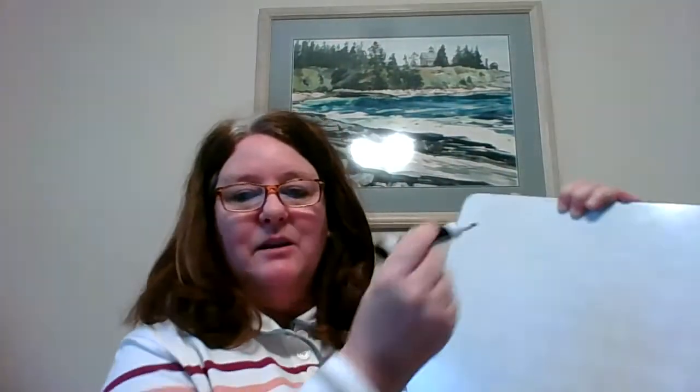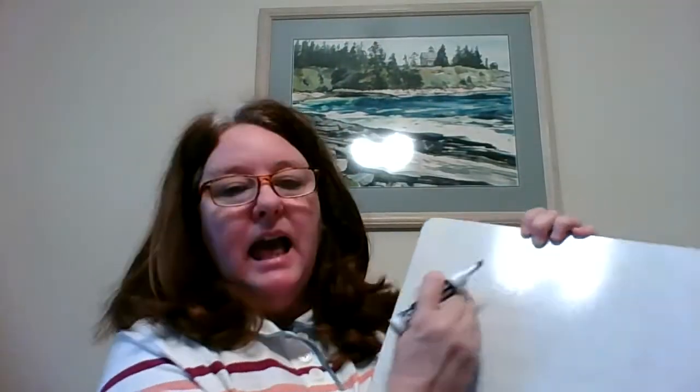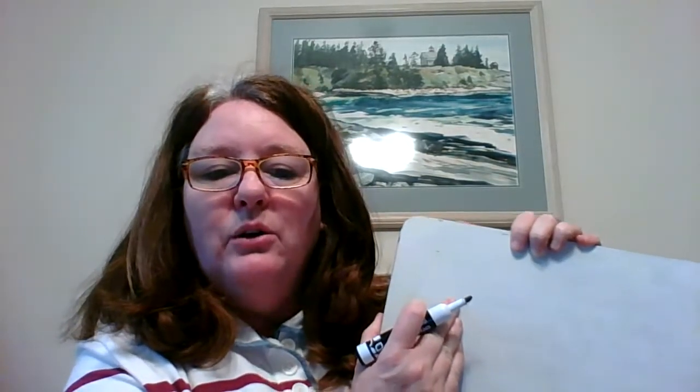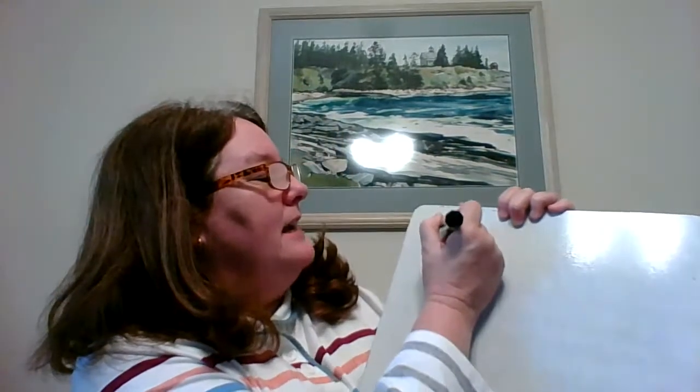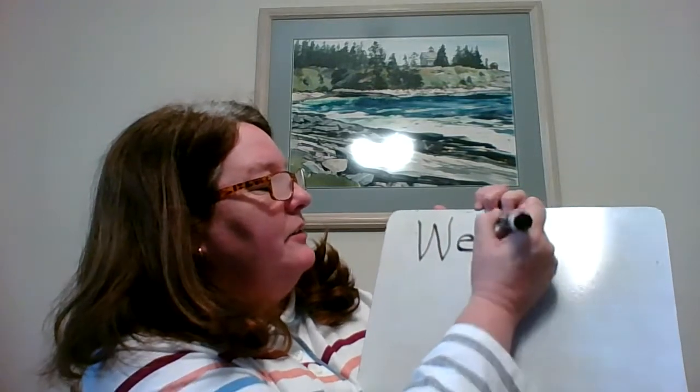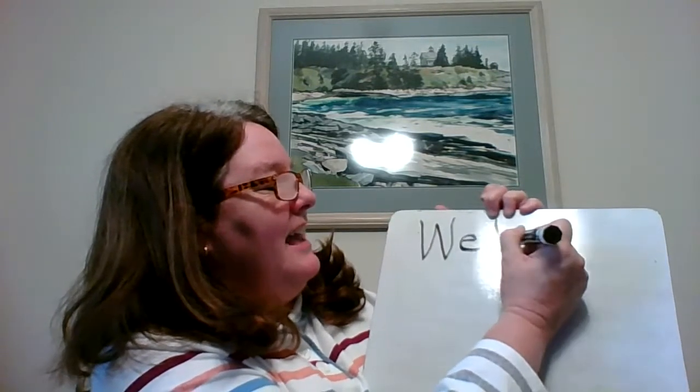And today is Wednesday. Who remembers when we write the day, what kind of letter do we need? I know Wednesday starts with W. Who knows what kind of W? Uppercase or lowercase? You are right, it's uppercase. And why is it an uppercase letter? Yes, you're right.